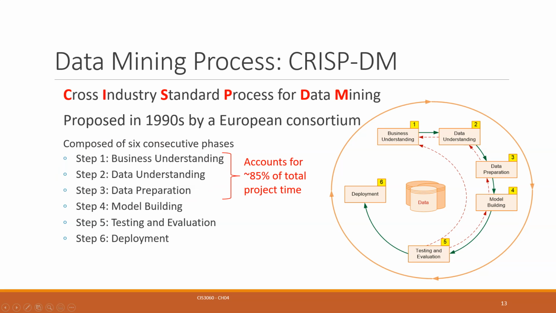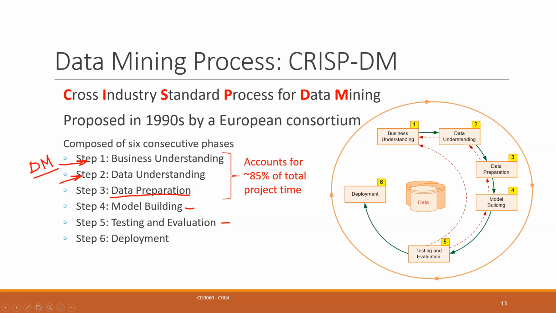Another key aspect is the idea that the first 3 steps account for more than 85% of your project time. One of the things that we've learned in this class is that step 1, understanding the business problem and understanding the data, has to do with designing our dimensional model, and then preparing that data so it can be put into that dimensional model, otherwise known as our data warehouse.